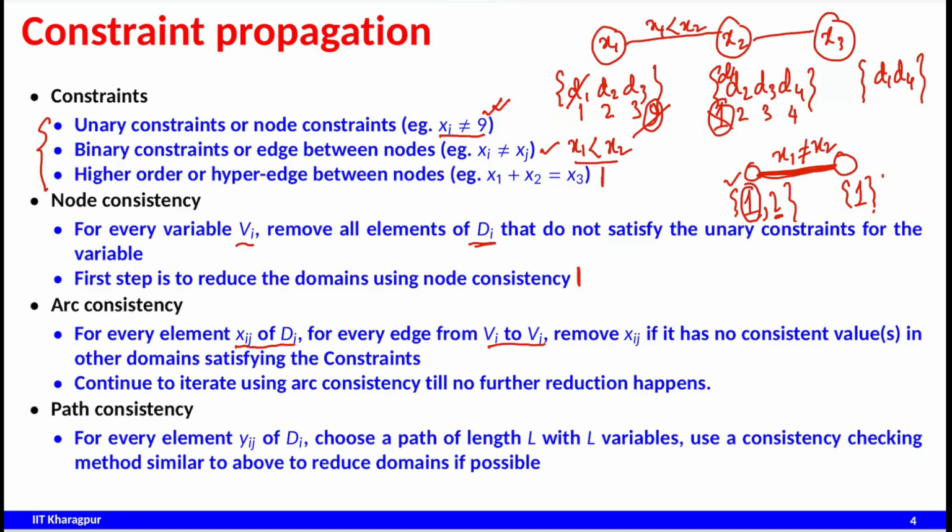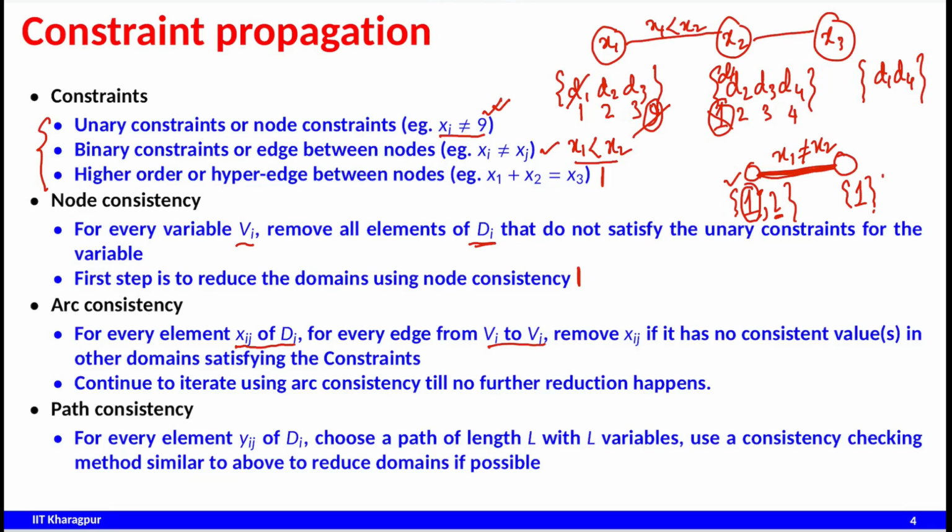So if I choose 1 here, then the constraint is not satisfied, so I can remove 1 from this node, because I know I cannot choose 1 here, as that is conflicting with the other one.